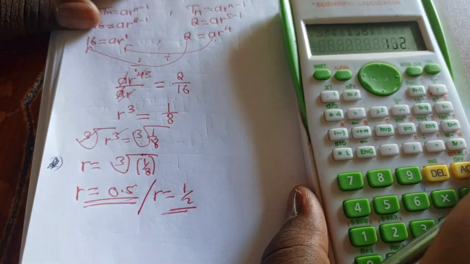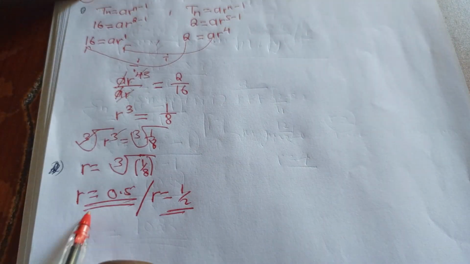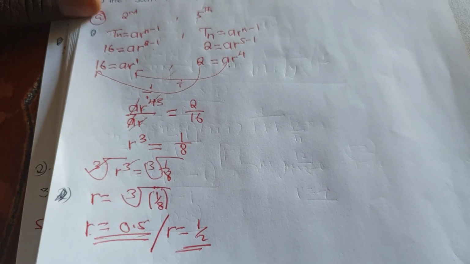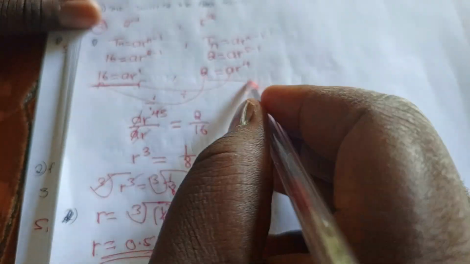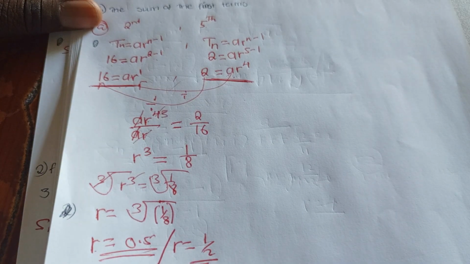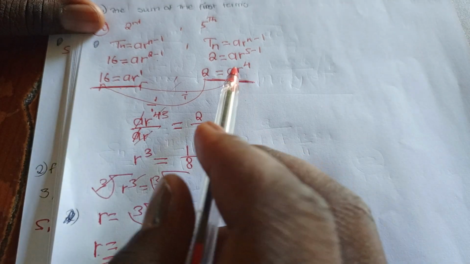Yeah. Then since I found the value for R, the common ratio, now they also want me to find the first term. So when finding the first term, I'll check this part and this part. I'll try to check the part which is simpler, the simplest expression, this one or this one.